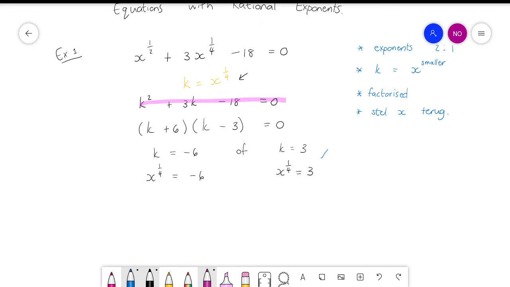Okay, kyk gou na hierdie. That's similar to the homework you just had. What do we do to get rid of a to the power of a quarter? We just say to the power of 4 on both sides. 81, isn't it?